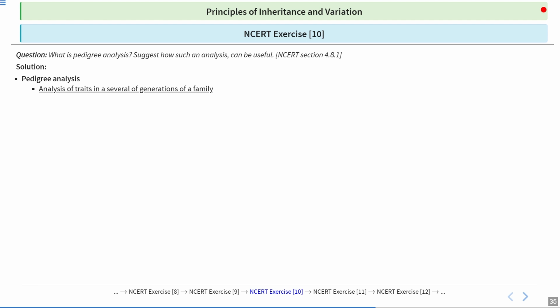So you get a family tree here. Okay. So what you have to remember is that in pedigree analysis, you are analyzing the traits or the genes or the genetic disorder over several generations of a family.